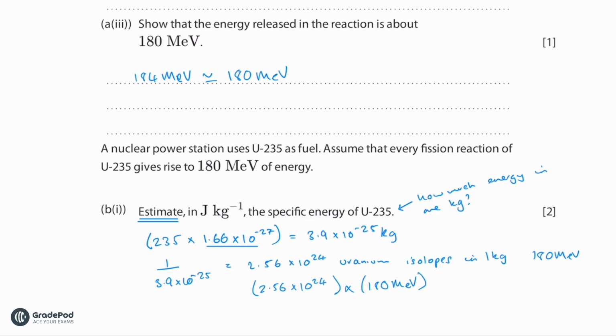But they want it in joules. So instead of doing it times 180, let's put in the appropriate calculation to turn it into joules. If we pop that all into our calculator, that gives us an answer of 7.38 times 10 to the 13 joules, which is our final answer. Oh, actually, let's give it to two significant figures.